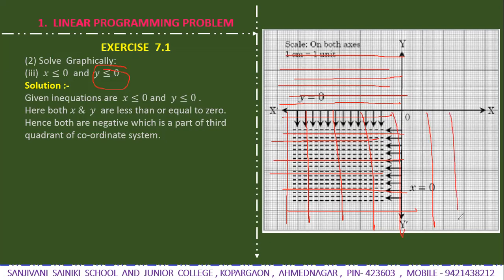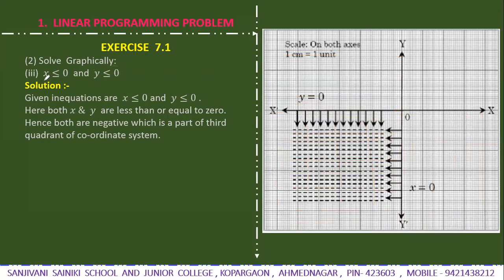So from this we conclude what the common part is. This region is common to both inequalities, and because of this, this is our solution set, that is the third quadrant. So the solution set of x less than or equal to 0 and y less than or equal to 0 covers the third quadrant.